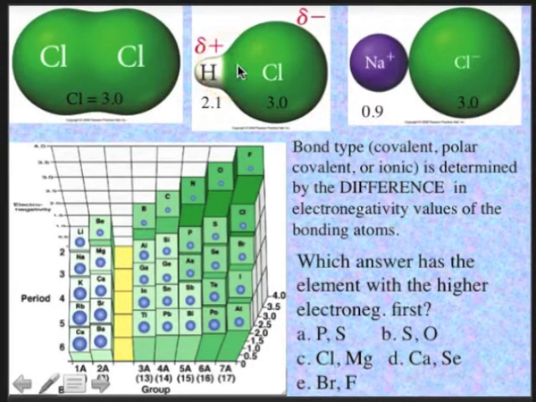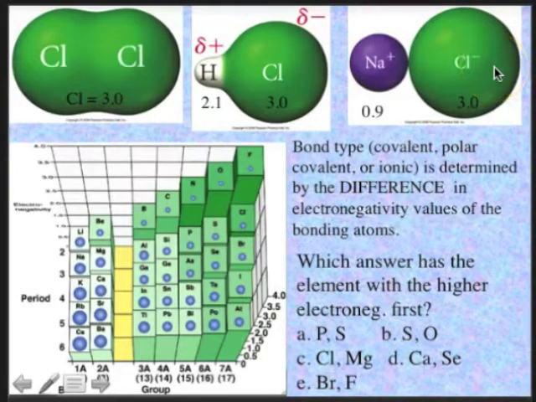Now, if there's an even greater electronegativity difference, say between sodium ion and chloride ion, sodium is 0.9 in its electronegativity value, chloride is 3.0. Now you have a bond which is effectively ionic.